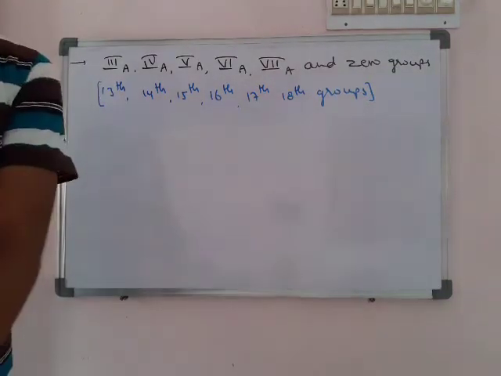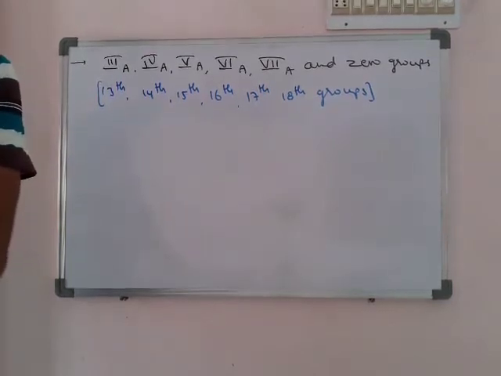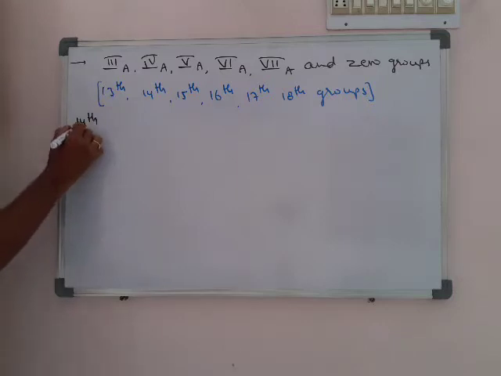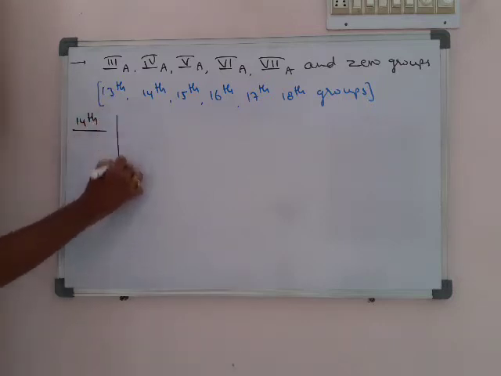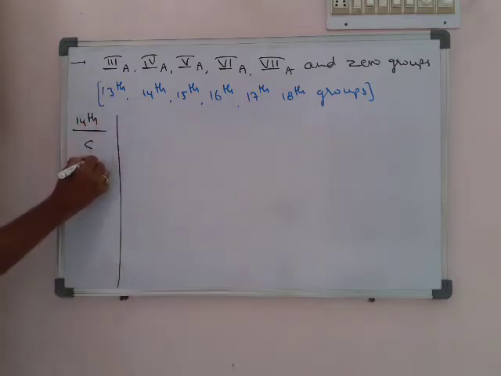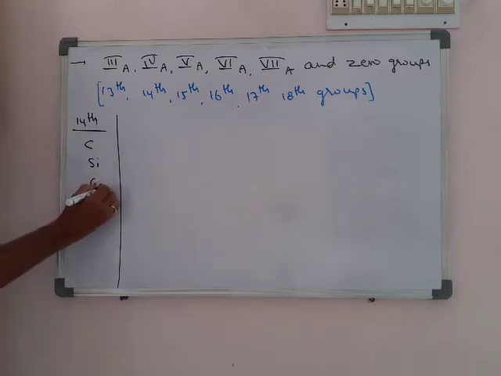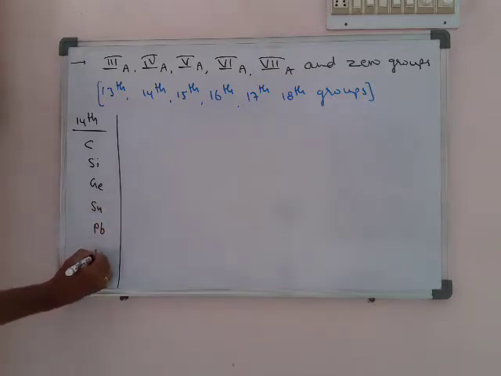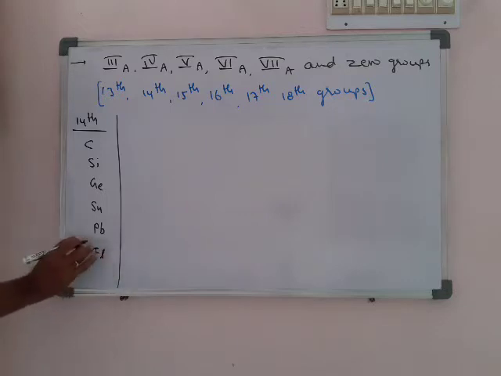So next we see about the 14th group elements. Okay, so what are the 14th group elements? You know, carbon, silicon, germanium, tin, lead, flerovium. Next one, flerovium, it's FL.